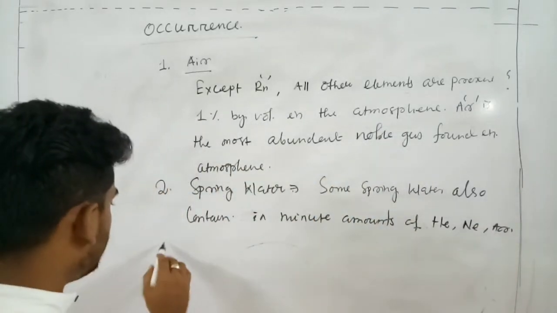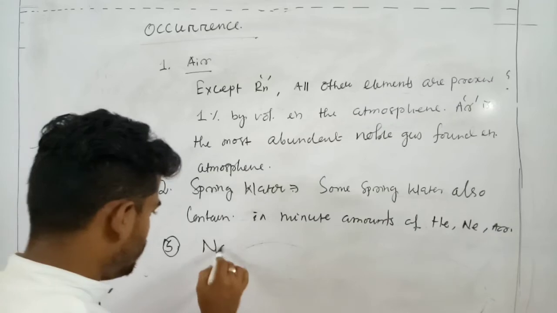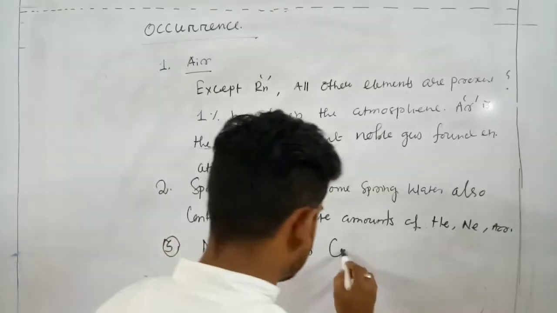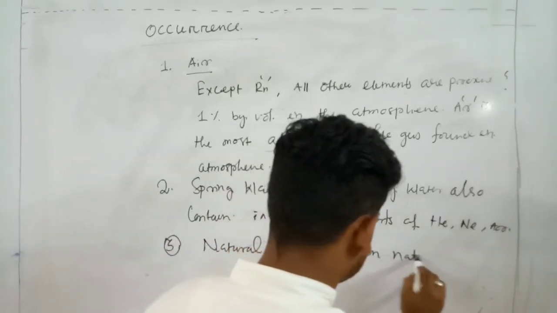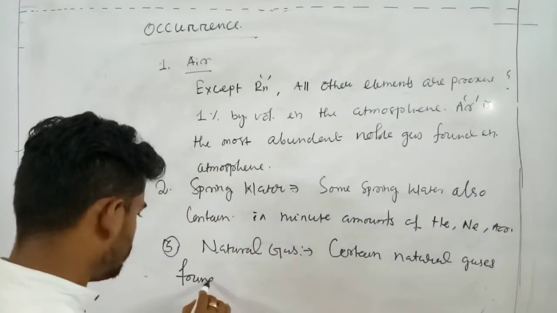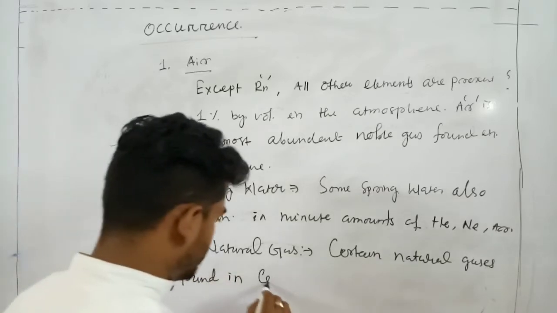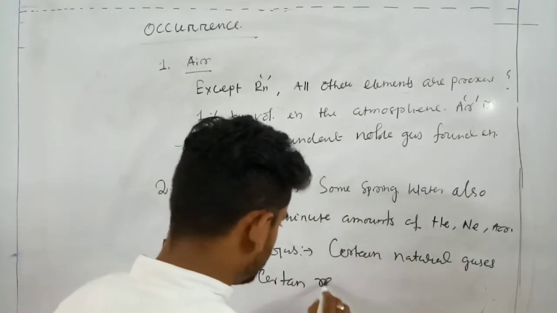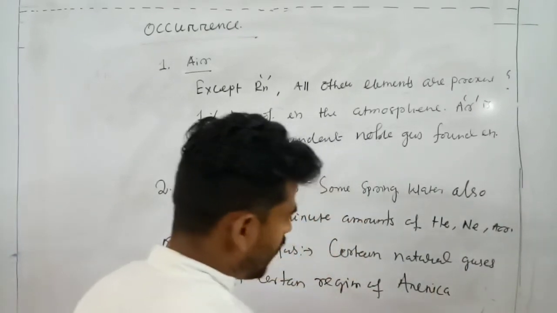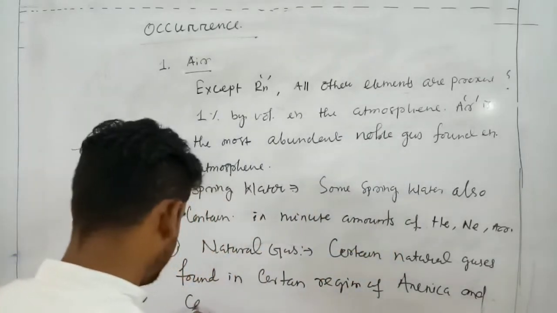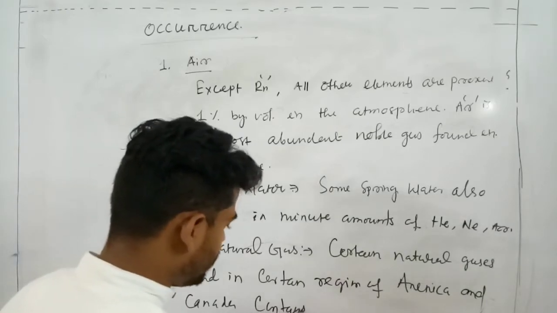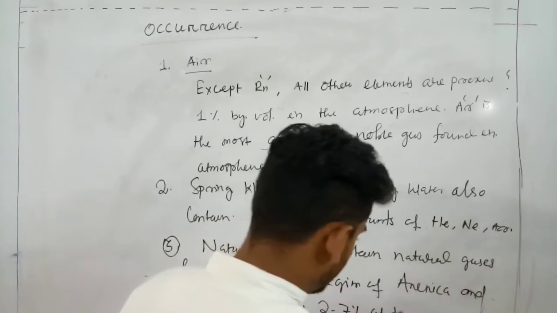And the third source is natural gas. Certain natural gases found in certain regions of America and Canada contain 2 to 7% of helium.